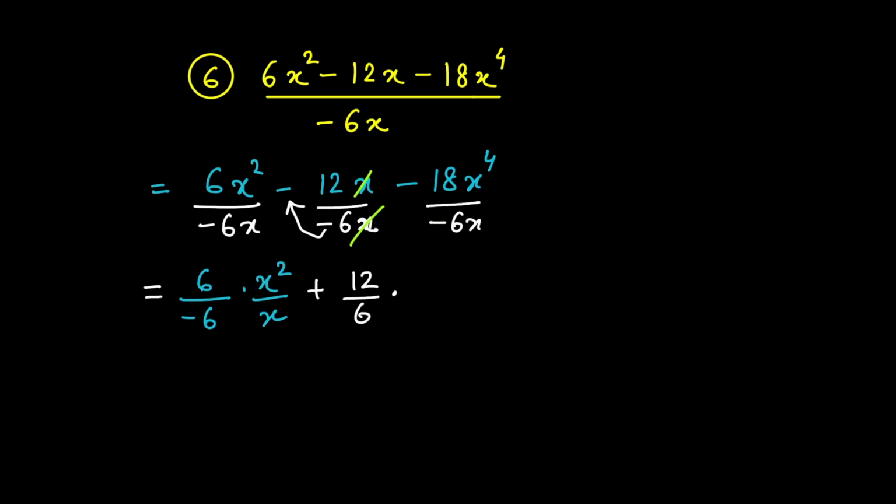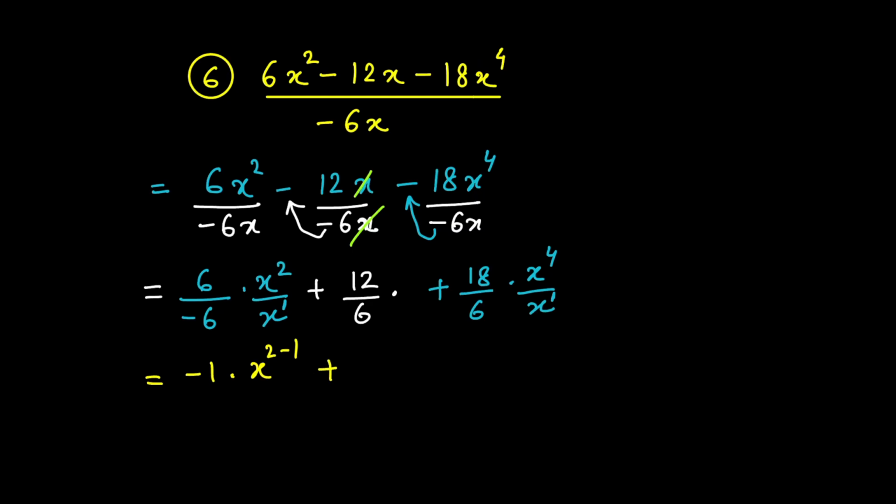Now we have this minus and minus, this gets divided, so it is plus here, and 18 divided by 6 and x to the power 4 divided by x. So in the denominator there is x here, so we write the power as 1. So 6 divided by minus 6 is minus 1, and x to the power 2 minus 1.